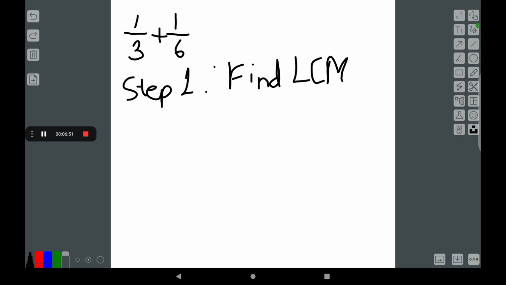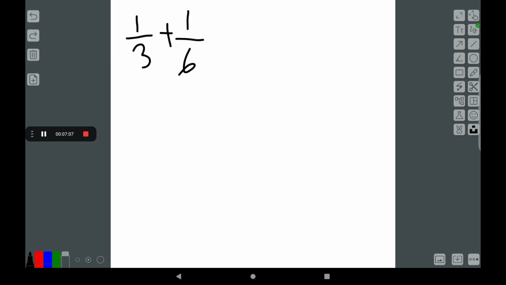So what is the answer? 3 into 6 is 18. The number by which we multiply the denominator, we have to multiply the same number with the numerator.